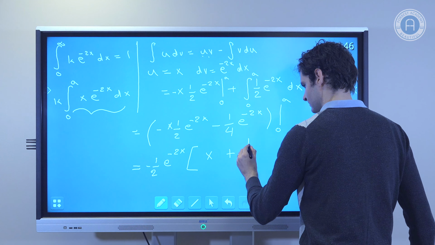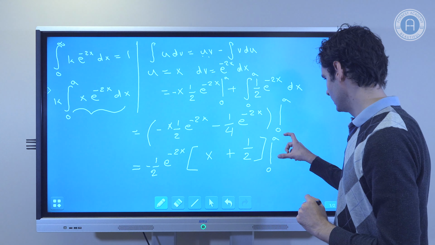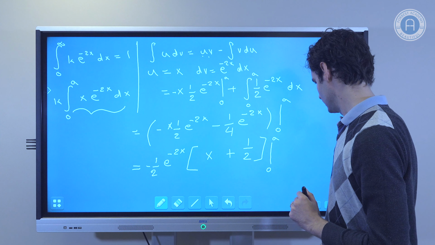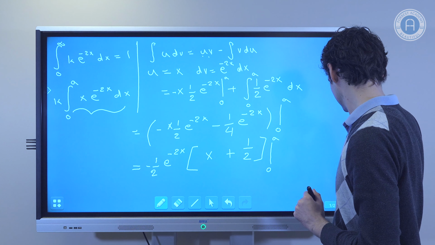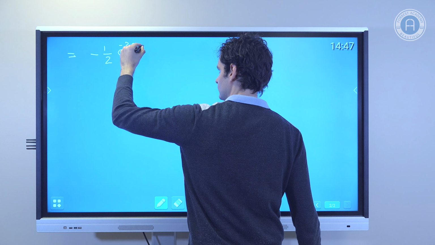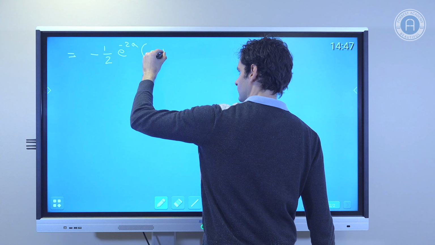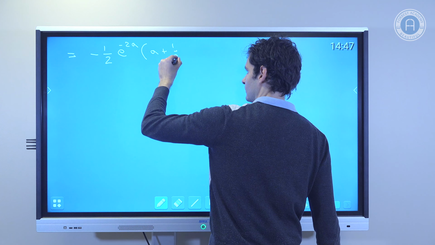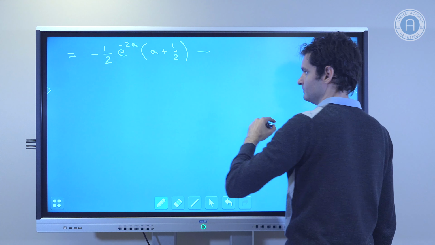Now we just need to evaluate this expression at the limits. So to do that, let's continue here. That's the upper limit, minus the lower limit.